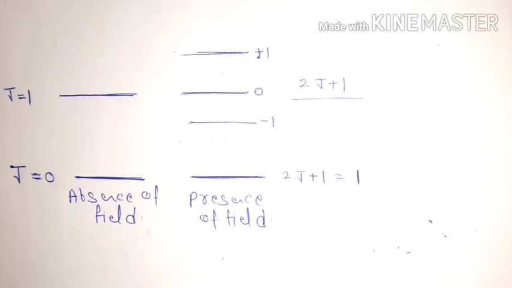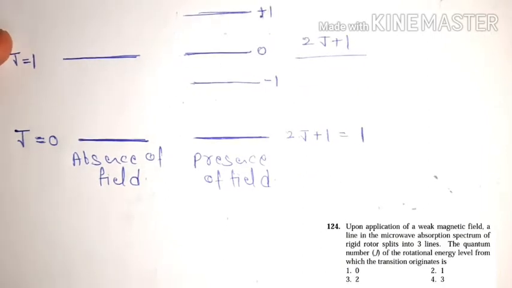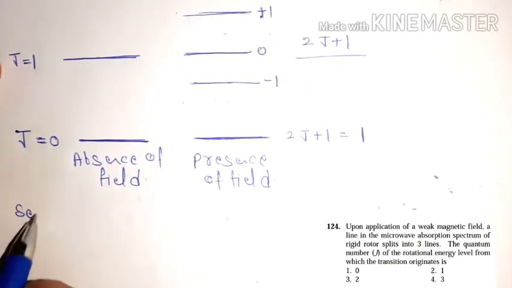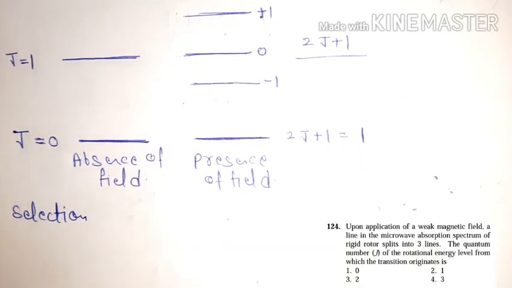Now in the question we must ask for the quantum number of the rotational energy level from which the transition originates. In microwave absorption spectroscopy, what is the selection rule? First of all, you must know the selection rules. For any spectroscopy, when you check whether transitions are allowed or not, you must know the associated selection rule.